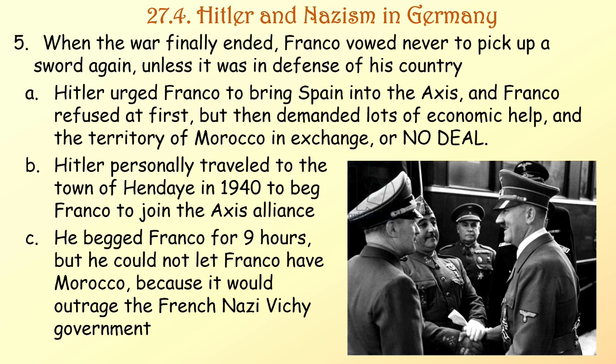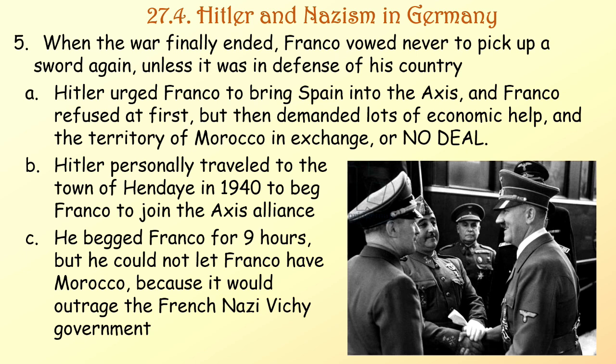When the war finally ended, Franco vowed never to pick up a sword again unless it was in defense of his country. Hitler urged Franco to bring Spain into the Axis, and Franco refused at first, but then demanded lots of economic help and the territory of Morocco in exchange or no deal. Hitler personally traveled to the town of Hendaye in 1940 to beg Franco to join the Axis alliance.